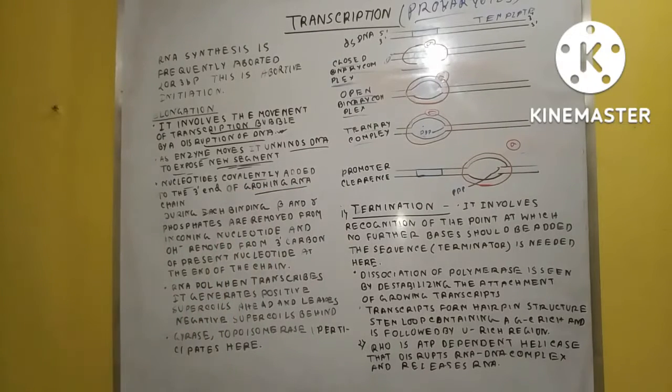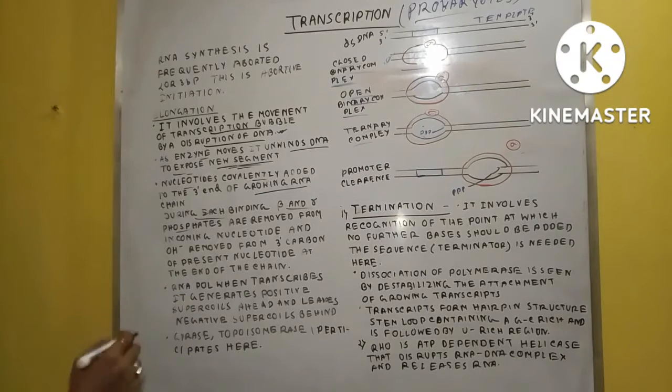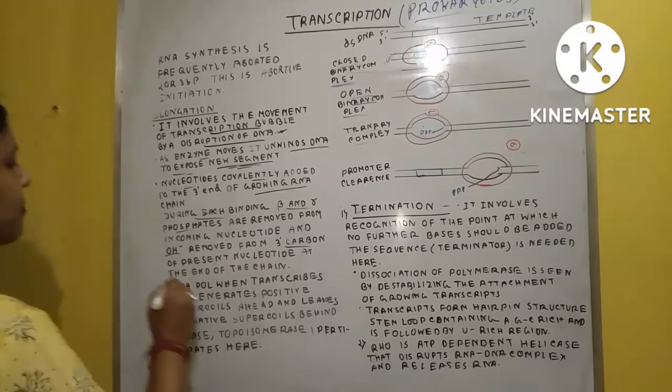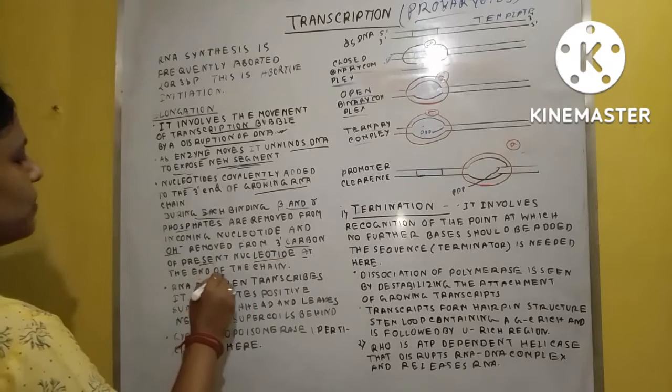During each binding, the beta and gamma phosphates are removed from the incoming nucleotides, and the hydroxyl group is removed from the 3' carbon of the nucleotide at the end of the chain.